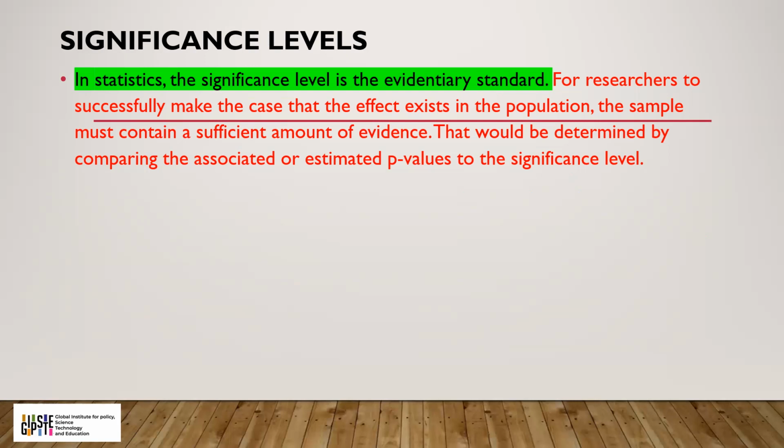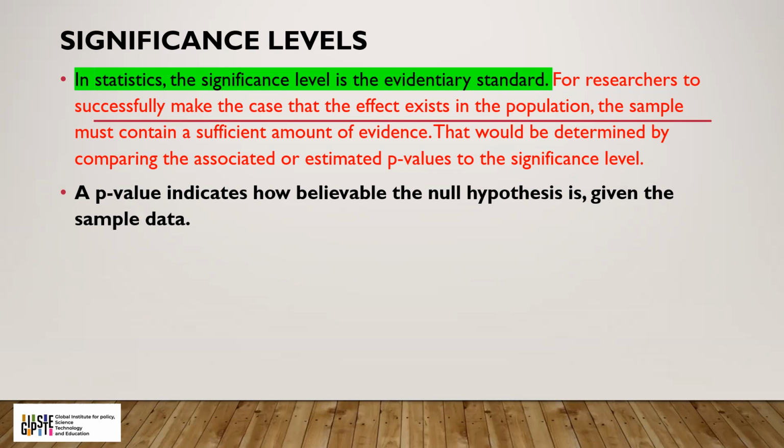If you are going by the 5% alpha level, that has been the standard for the social sciences, 1% for the pure sciences, then you have to always compare the associated p-value from your regression output to your significant level or alpha level, that is 5%, that's 0.05.